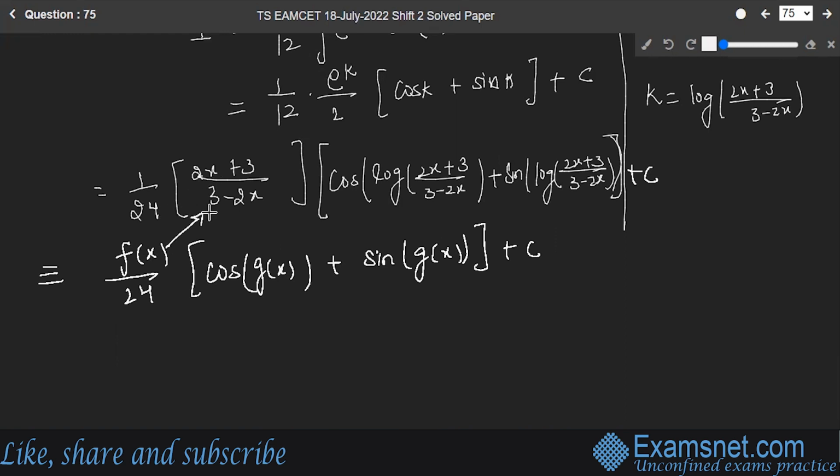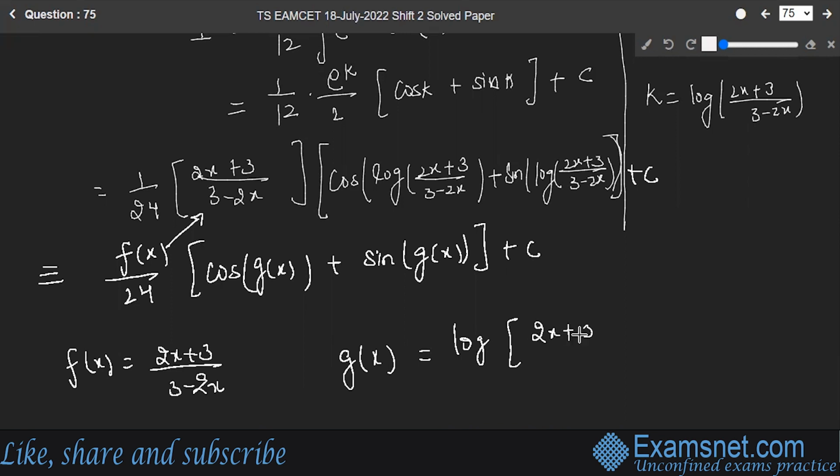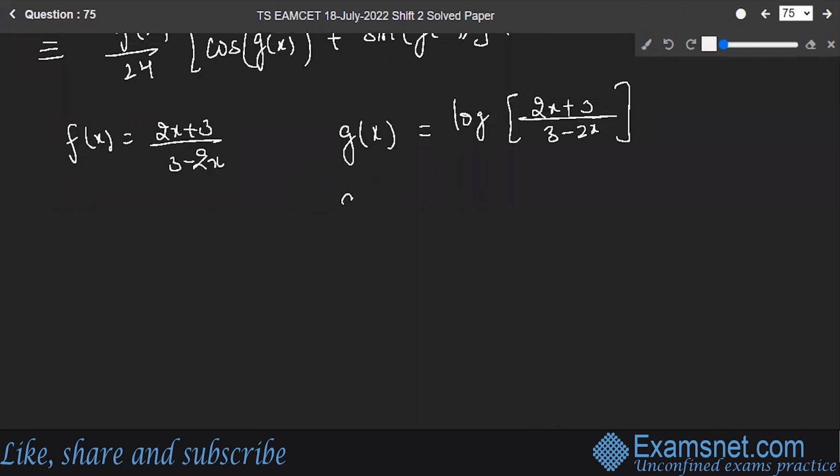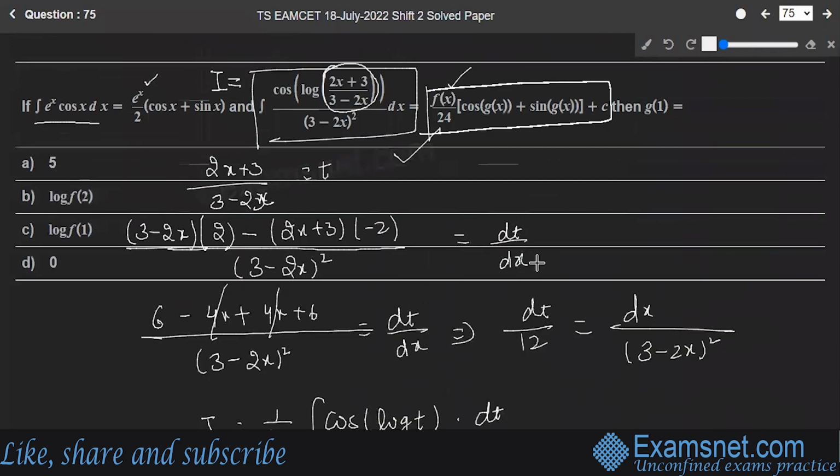So that means f(x) is equal to 2x plus 3 upon 3 minus 2x, and g(x) is equal to log of (2x plus 3 upon 3 minus 2x). We had to find out g of 1. So this is equal to log of 5 upon 1, it's 1 only. So this is equal to log of 5, right?